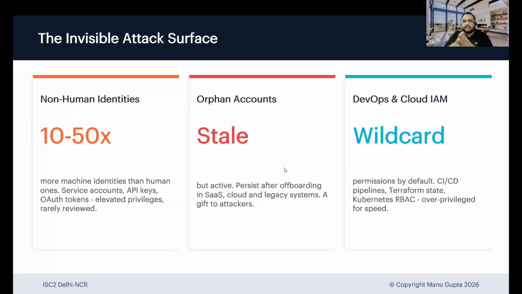But what we have seen is that that's not followed in practice, and the result is that your cloud identities are basically over privileged, and they are the paths for lateral movement, resulting in a breach that we talked about in our opening session.